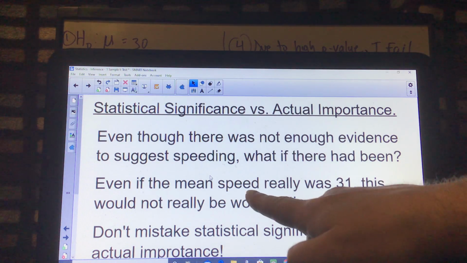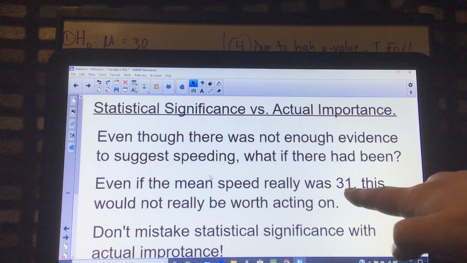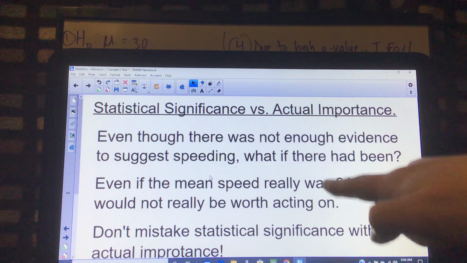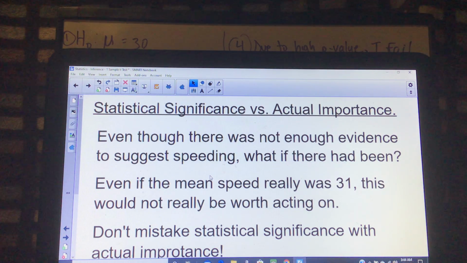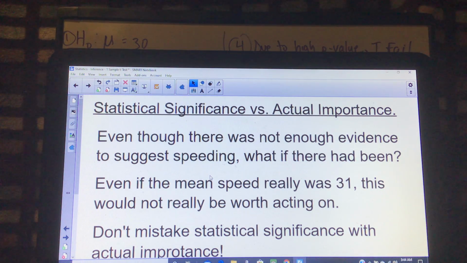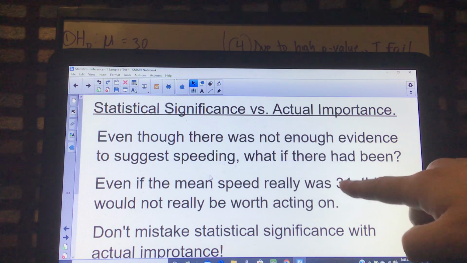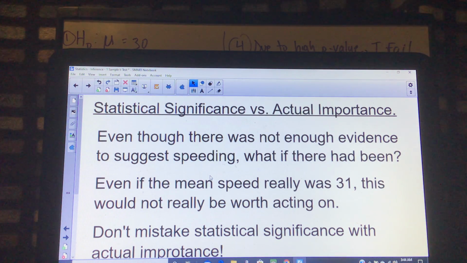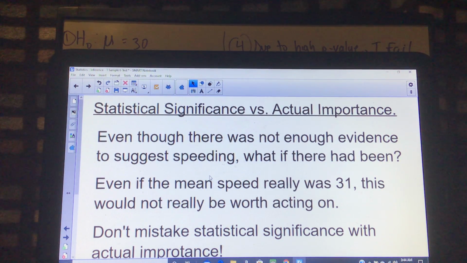If we could show the whole group was really going 30.5 or 31.5 miles an hour instead of 30, this still probably wouldn't be worth acting on. It wouldn't be worth getting the police down there to pull people over.